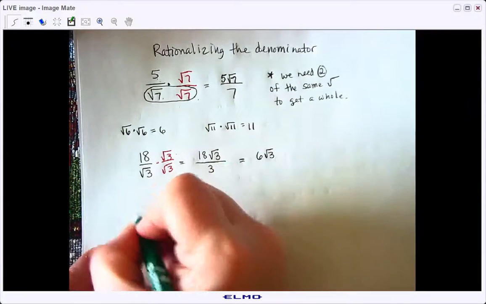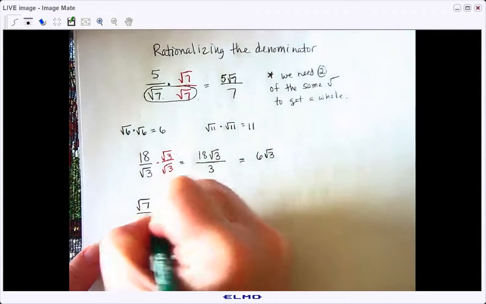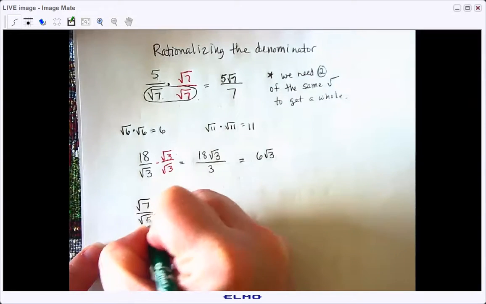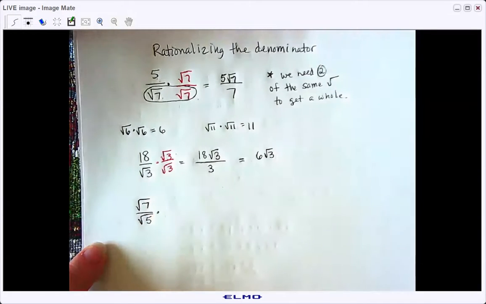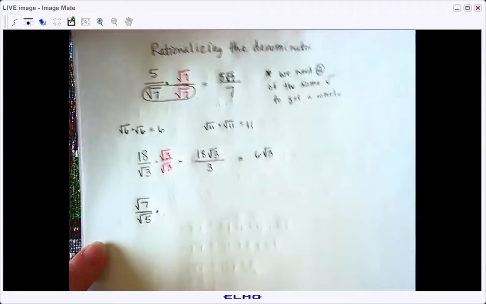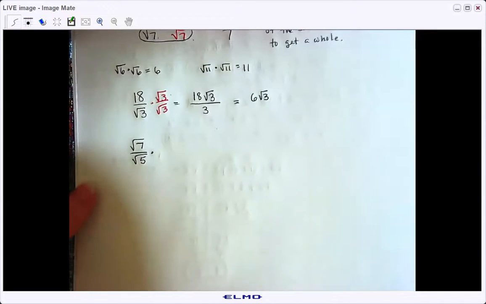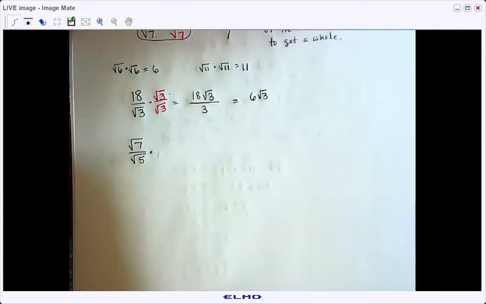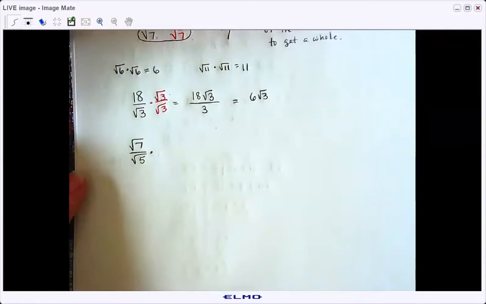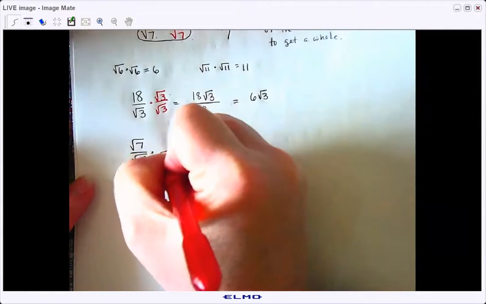Okay. And last, root 7 over root 5. Do I multiply by a root 7 or a root 5? Root 5. Always the one in the denominator.